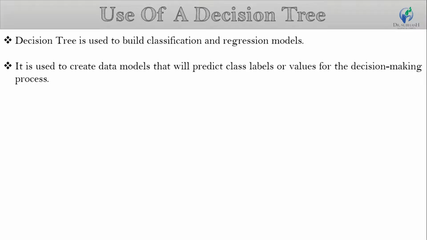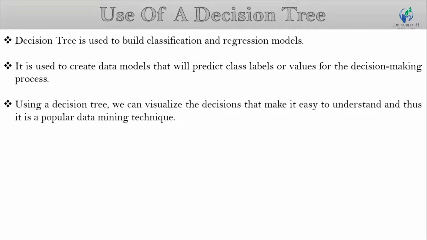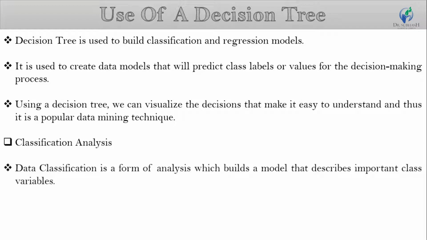Now, I explain classification analysis. Data classification is a form of analysis which builds a model that describes important class variables. For example, a model built to categorize bank loan applications as safe or risky.